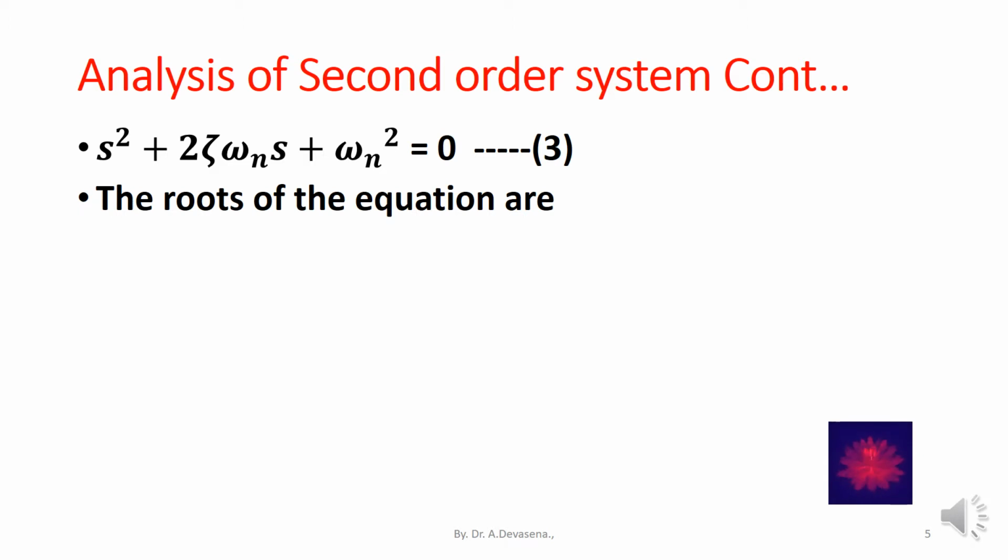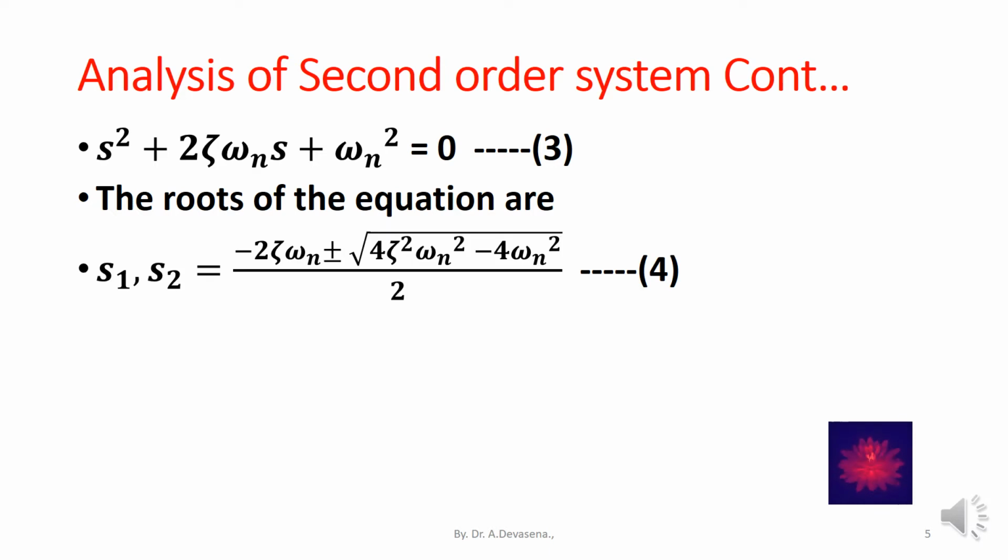Equation 3 is a quadratic equation, so we can represent the roots with the help of the formula minus b plus or minus square root of b square minus 4ac, divided by 2a. So roots are s1, s2 is equal to minus 2 zeta omega n plus or minus square root of 4 zeta square omega n square minus 4 omega n square, divided by 2.